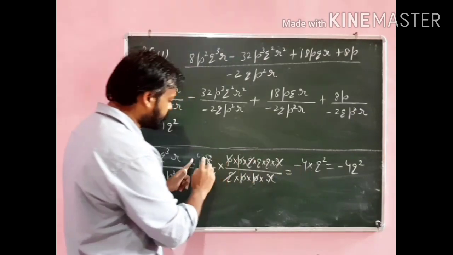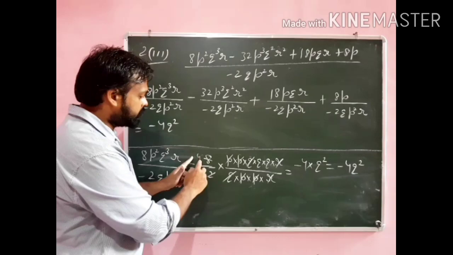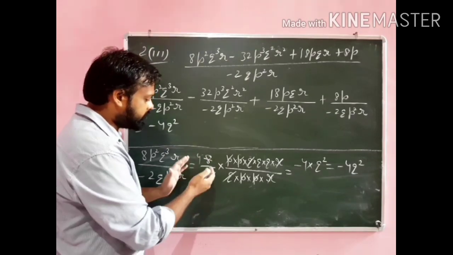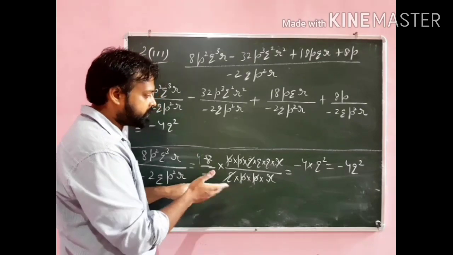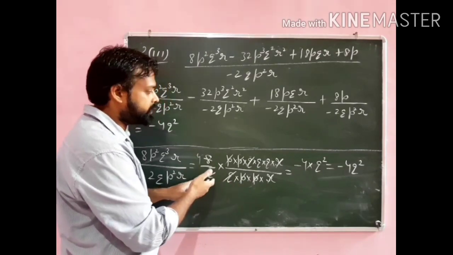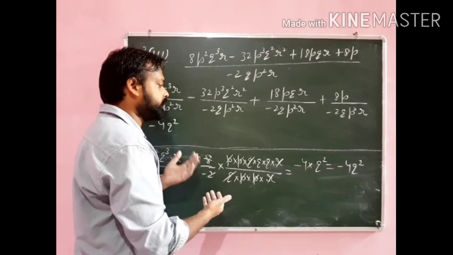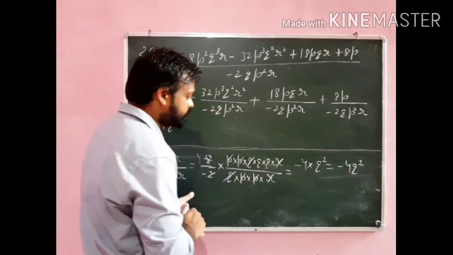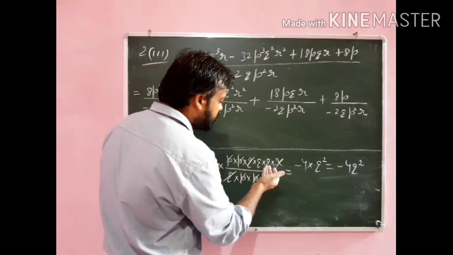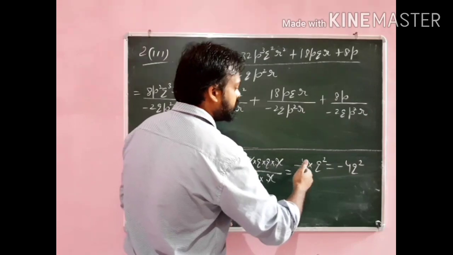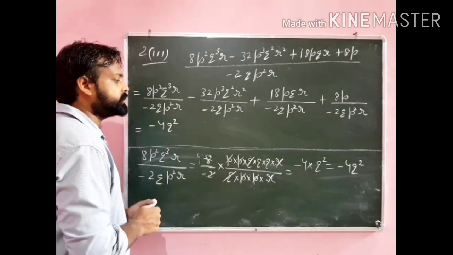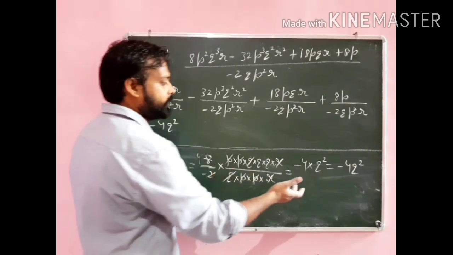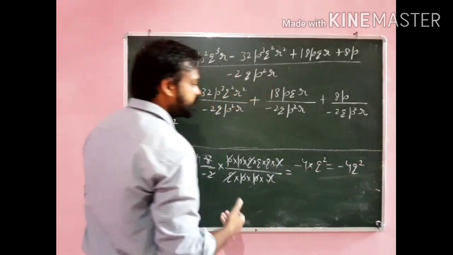Of course minus 4, because 2 is cancelled with 8. No term is left in the denominator, so you can take the minus sign as it is into the numerator. So it will become minus 4, and here q into q becomes q square. So it will become minus 4q square. Like this way we got the value of the first term, minus 4q square.